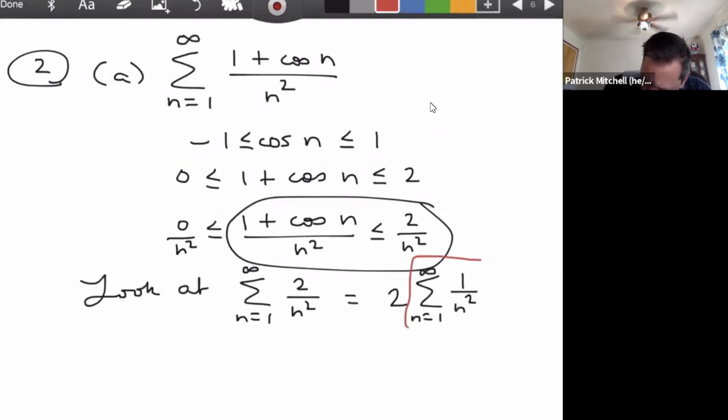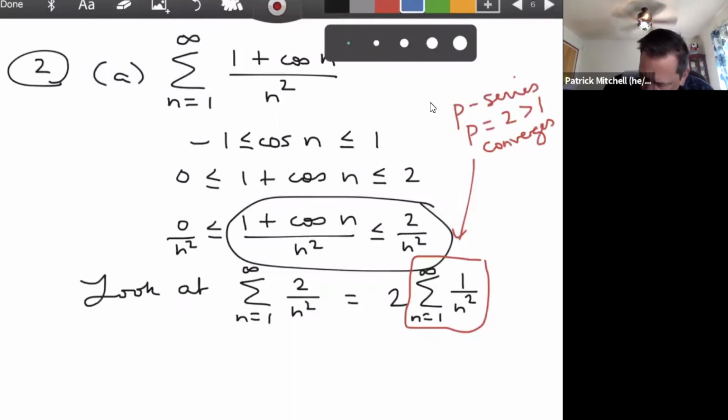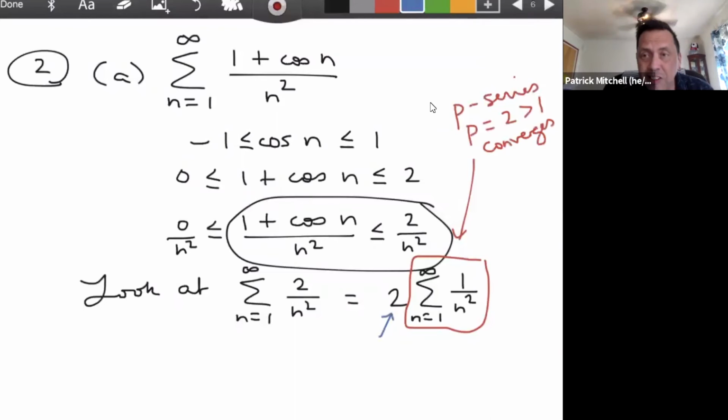This series here without the 2 is a p-series with p equal to 2, which is greater than 1. Therefore, that series converges. And then I will just briefly point out that when you multiply a convergent series by a number, you get another convergent series. That was a theorem in section 10.2.